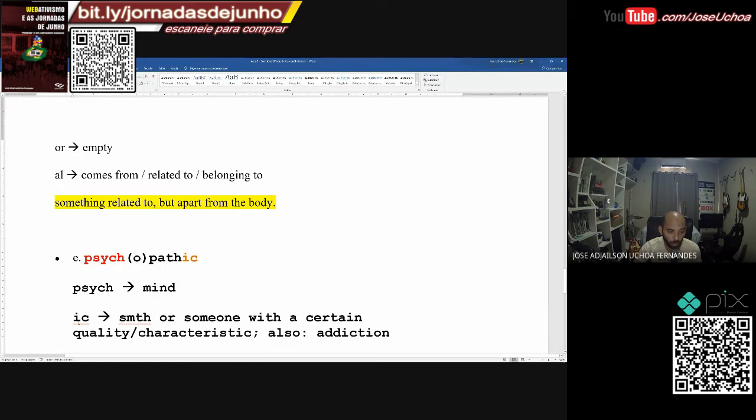And ic is what we are trying to decide on, if it's a certain characteristic or an addiction. How does psychology classify psychopathic people, as addicted people or people that have certain mental characteristics? I guess the characteristic. It's a kind of characteristic that is a disease. An addiction is also a disease, but it's more a characteristic, a feature, a property of.